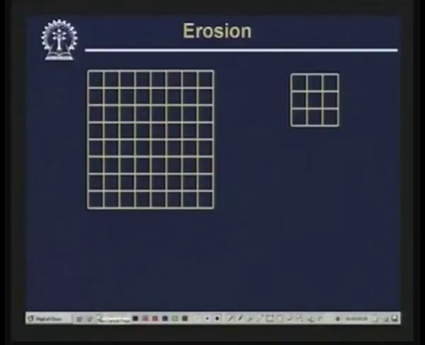So, the definition of the erosion operation can be something like this. Again here we will have a set X and a structuring element B, because all the morphological operations have to be defined with respect to a structuring element. So, we have a point set capital X representing our image, and we have a point set capital B representing the structuring element.